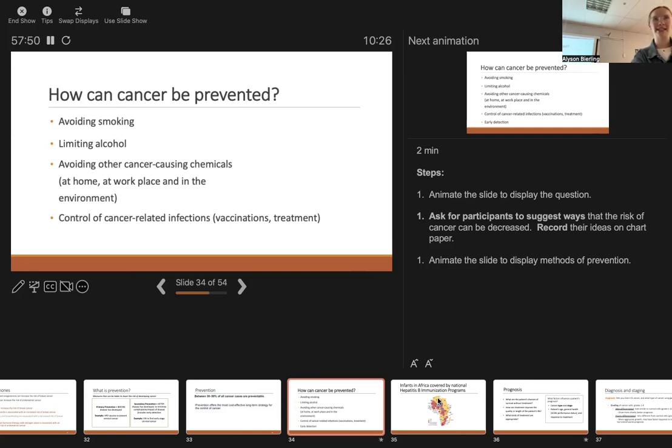If a patient has H. pylori, they should be treated so that they're less likely to develop those ulcers that are going to cause genetic alteration that could develop into cancers. And then early detection as well.